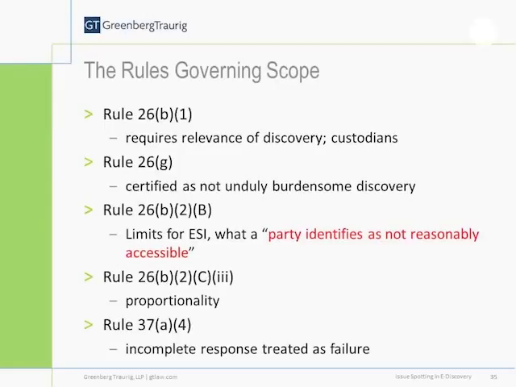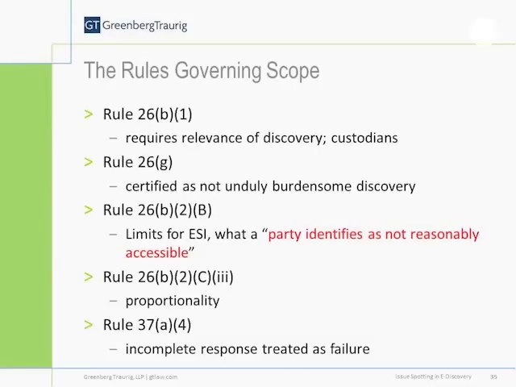It means you told your adversary enough to make a motion to compel. I'm not looking at those backup tapes because they're unduly burdensome. That's not enough. You've got to tell your adversary which tapes you're not looking at in order to get the protection of 26(b)(2)(B). Then you've got 26(b)(2)(C) on proportionality.